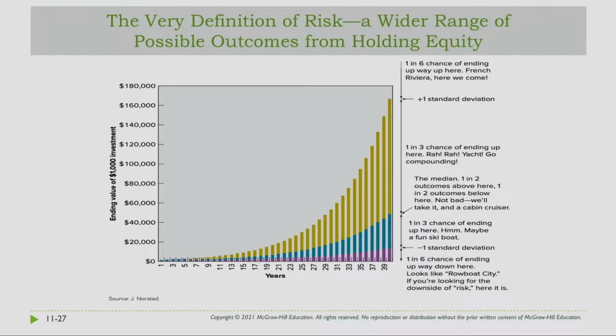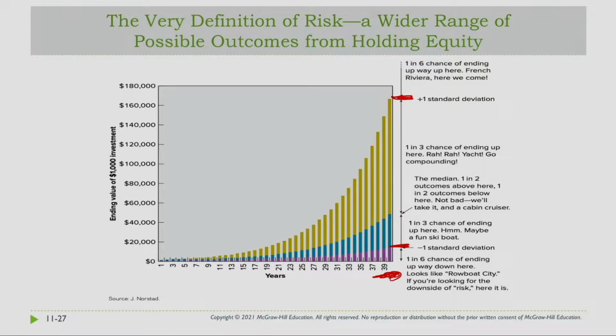And here we're looking at 40 years to retirement, and the idea that based upon how the market has behaved over the last century or so, we could have anywhere from 170-ish thousand on down to a much lower level, considerably lower level.